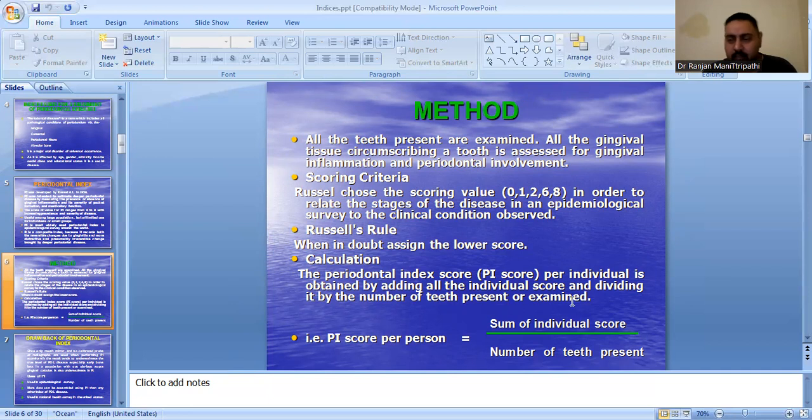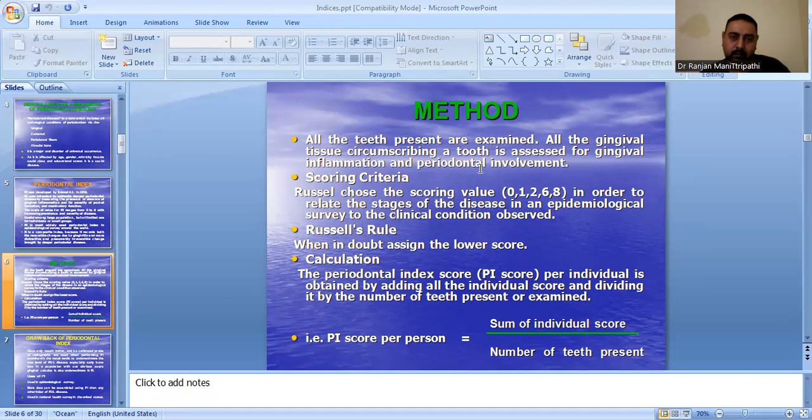Russell chose the scoring values 0, 1, 2, 6, 8; 3, 4, 5 and 7 are missing, in order to relate the stages of the disease in an epidemiological survey to the clinical condition observed. Now there is one Russell's rule. Russell's rule is if you are in doubt, assign the lowest score. When in doubt, assign the lower score.